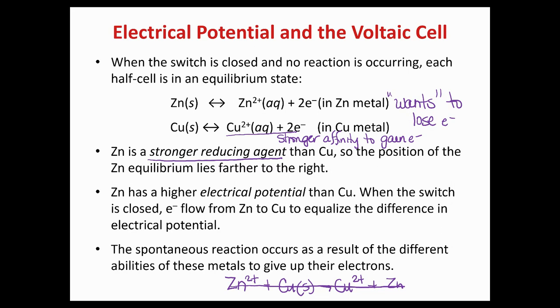The elements are not in their natural potentials in that form. It has to be zinc losing electrons to copper. Okay, and we're going to see how we're going to know this with some very, I think, user-friendly tables coming up.